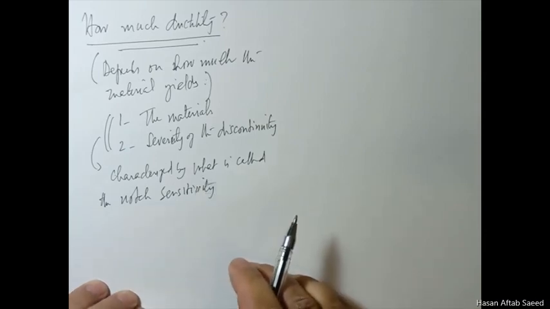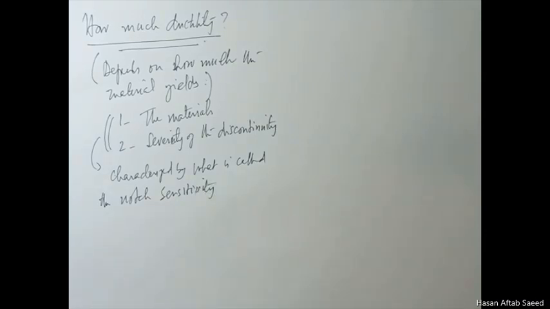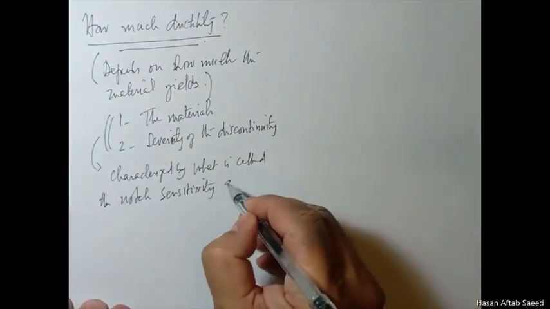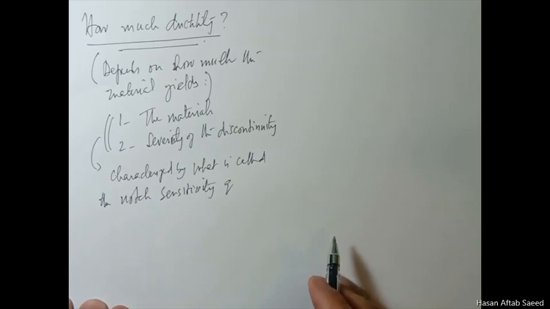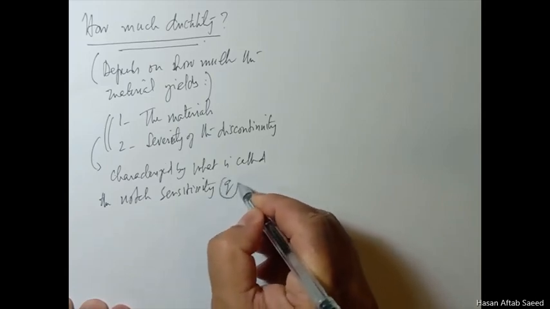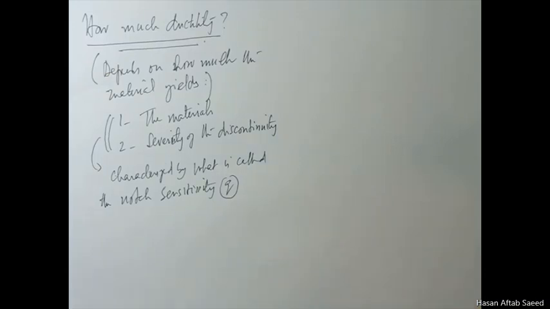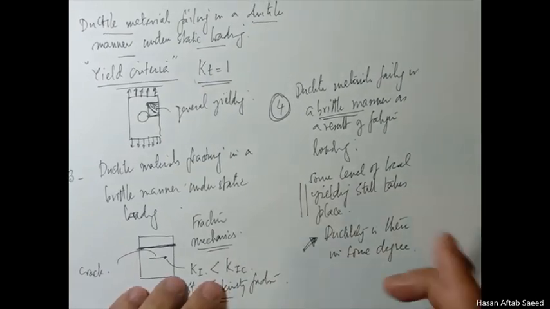So every situation, and the situation means the material as well as the size or characteristics of the discontinuity, both of these play a role, and each situation containing these two is characterized by this thing called notch sensitivity Q. Now we'll discuss Q, and how this Q affects this case.